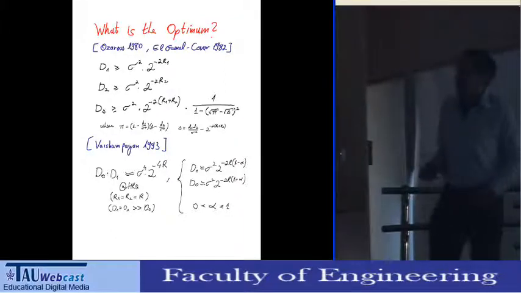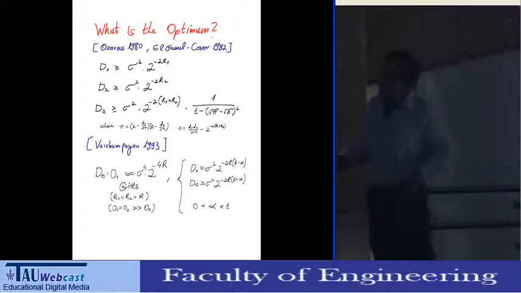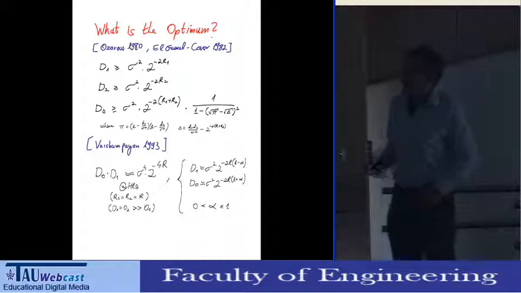best rate distortion performance. I have rates R1 and R2, and I have 3 distortions: side distortion 1, side distortion 2, and central distortion. And there is a certain formula which doesn't look very friendly, and it's not important for us.